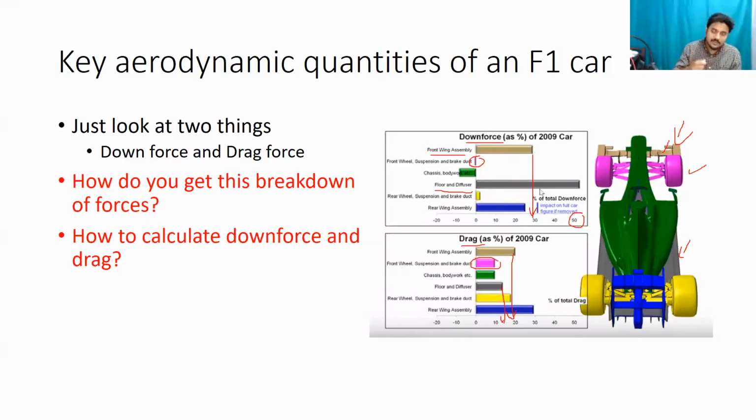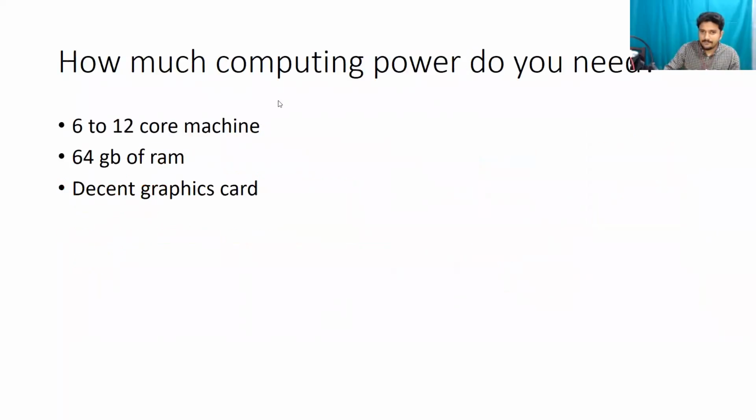Once you get the pressure data, you can ask what the pressure force or drag force is just on the front wing assembly, or just on the diffuser component. I can query that data. That is the power of CFD. This is done in the post-processing stage, once you've completed your entire CFD setup and finished running the simulation. All right, let me close this.